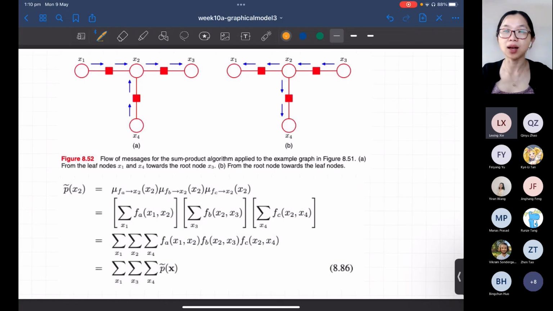And as we walked over in the previous example about 10 pages ago, the marginal probability of x2 is also easily obtained using the product of the 3 messages because it's connected to 3 factors. So once we have all the messages we can just pick all the incoming messages coming to X2.